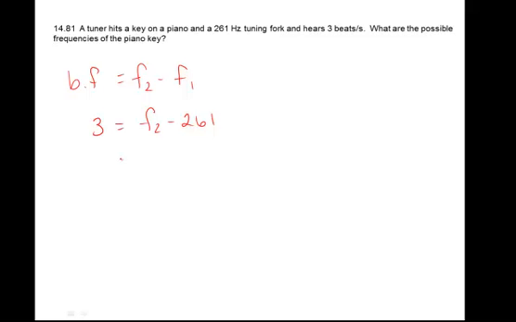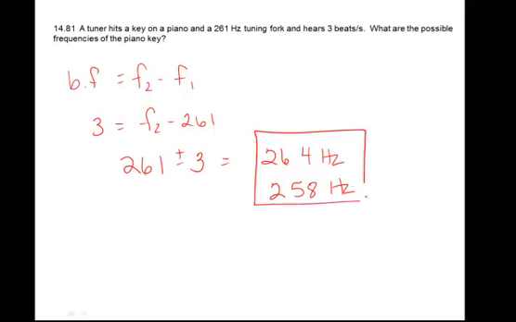So I'm going to take 261 plus or minus 3. So I'm going to have 264 hertz is 1. And then if I take 261 minus 3, that's going to get me my other one, which is 258 hertz. So those are the two possible frequencies that it could be.